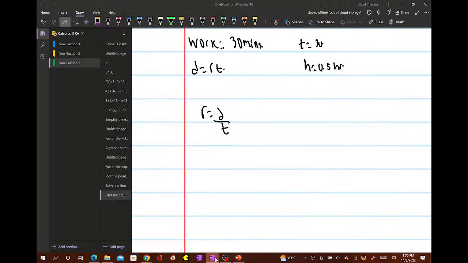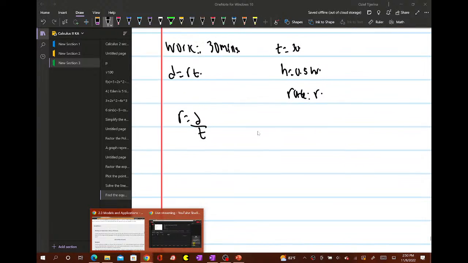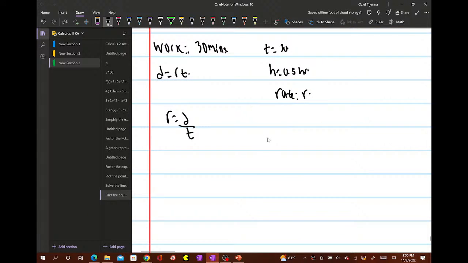So if the rate is R for when he goes to work in the morning, and then it says he drives home using the same route, but it takes him 10 minutes longer. So let's see. It's R.